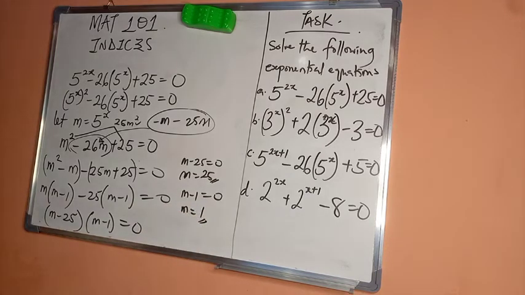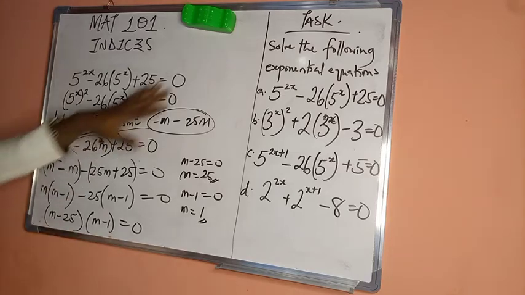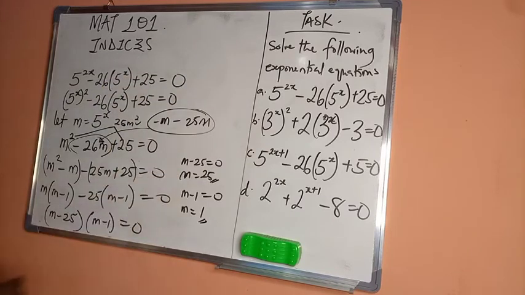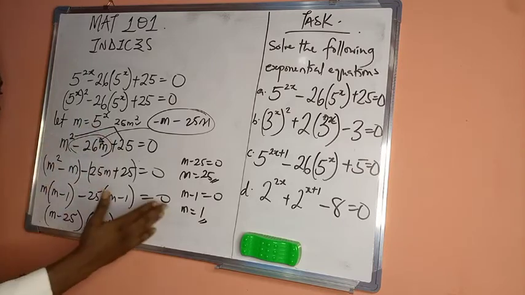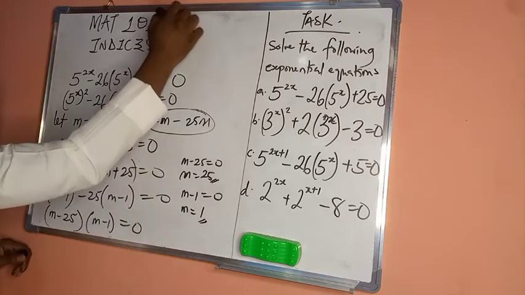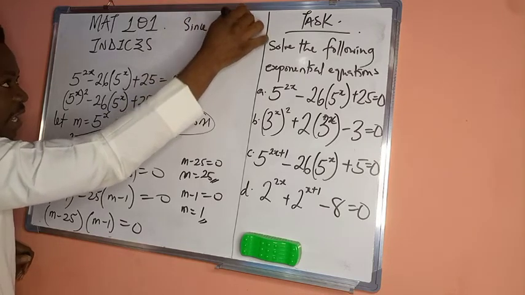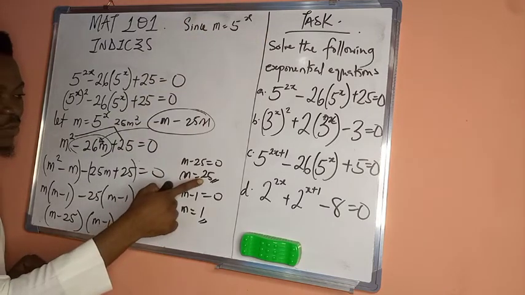Now we have two values for m. Okay, I don't want to rub this off, so let's just sort this thing out over here. Since we have two values of m, we'll come back here. Initially, we said let m be equal to what? 5 raised to power x, is it not? Okay, so since m equals 5 raised to power x, the first value of m is what? 25.